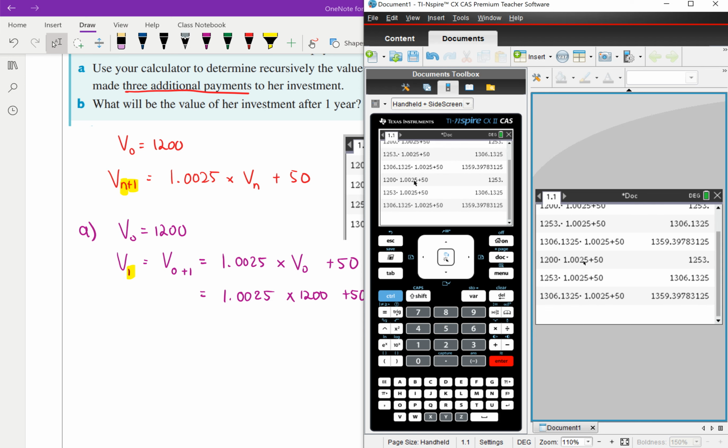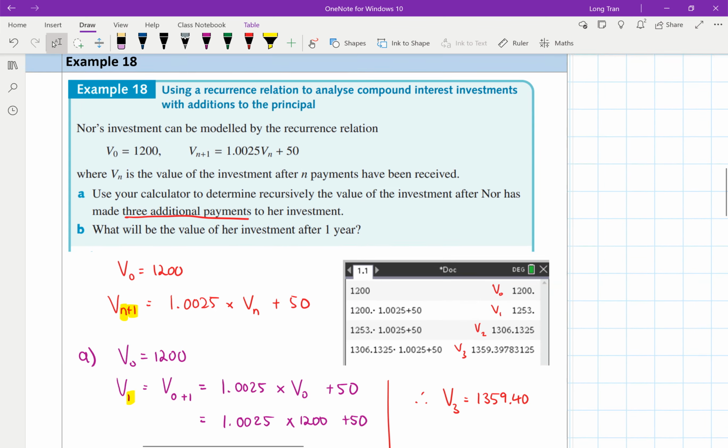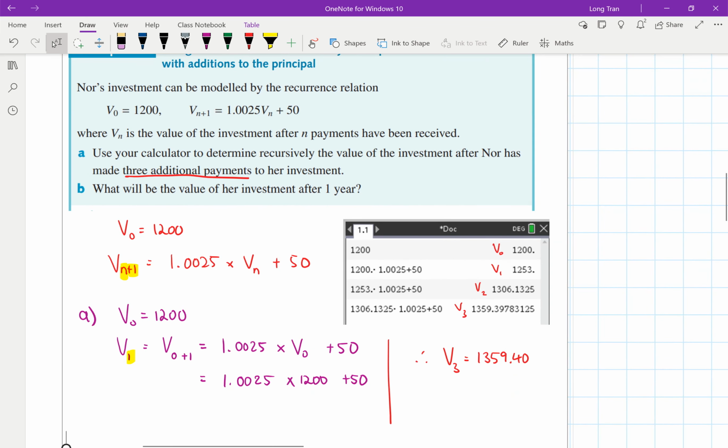You would have got the same answer, but you can see it takes longer, or you have to type more, wouldn't you? So that's why I'm trying to remind you that in recursive, you can actually use the pattern, and you just continually press enter, which you would have practiced in chapter 8.